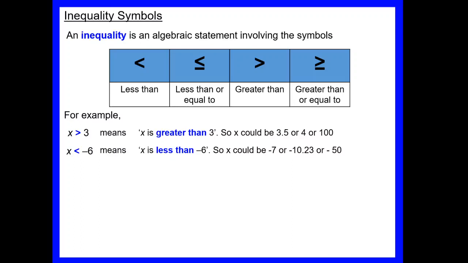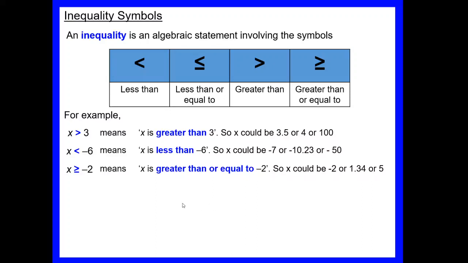Our next one then, we've got it pointing the other way, so we've got the smaller point going towards the larger value. So x is less than -6 means that x could be any value that is less than that -6. So it could be -7, or it could be -10.23, or it could be -50. So we need to make sure we know which direction we are moving.